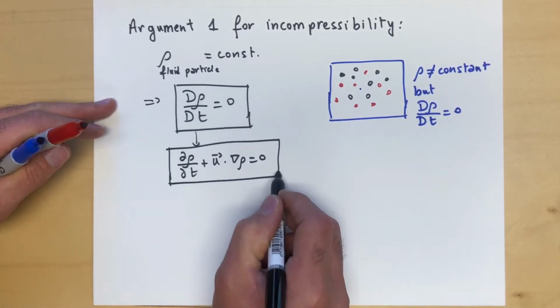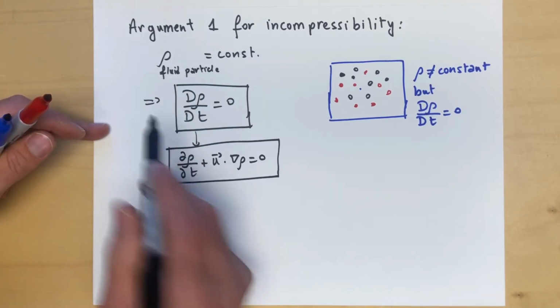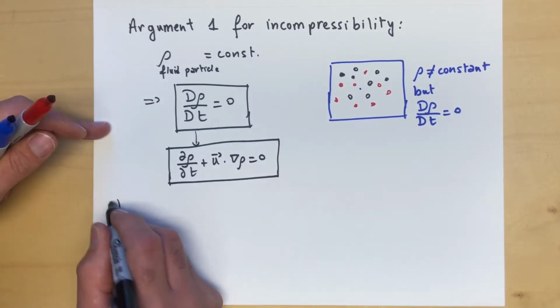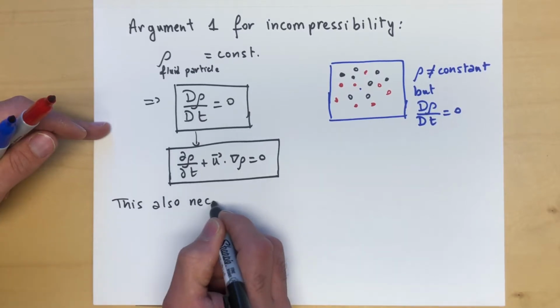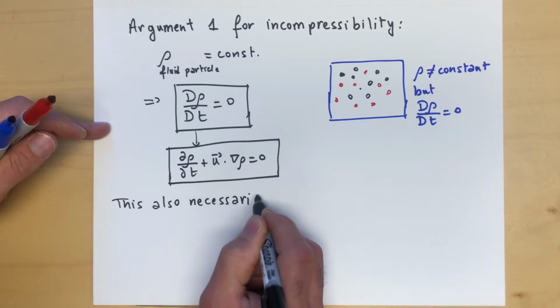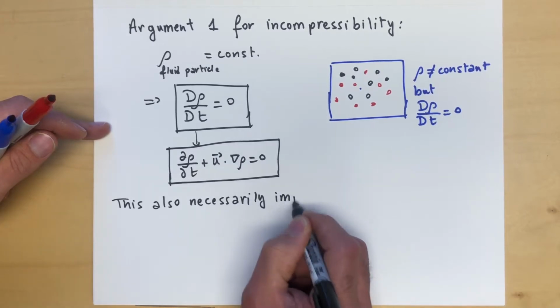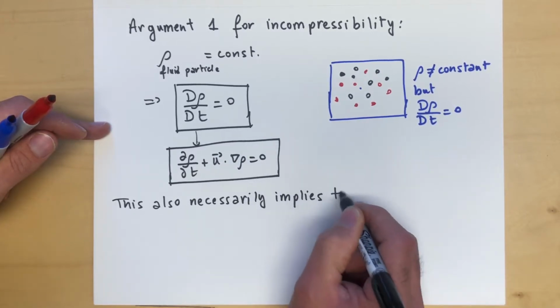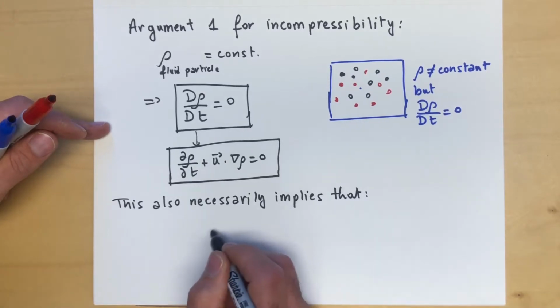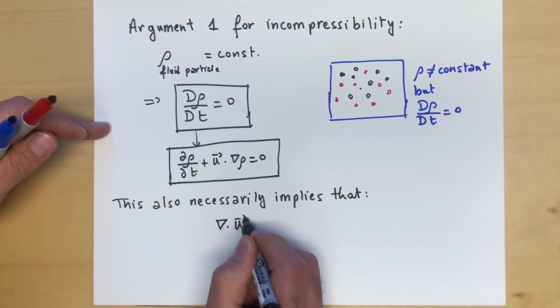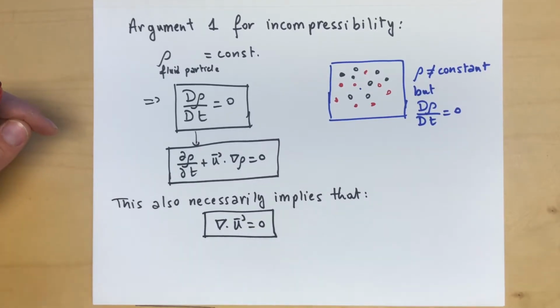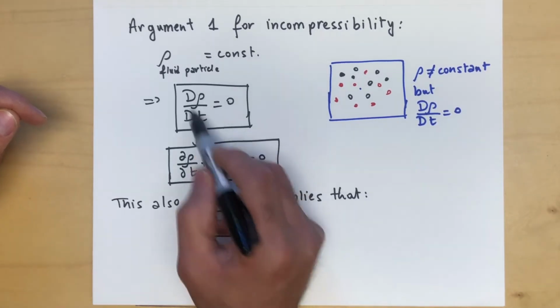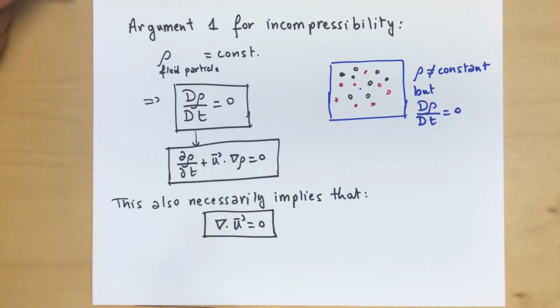Now, by virtue of the continuity equation, this necessarily implies that div u is equal to 0. Okay? Div u is equal to 0. Just plug this back into the continuity equation from the previous page.